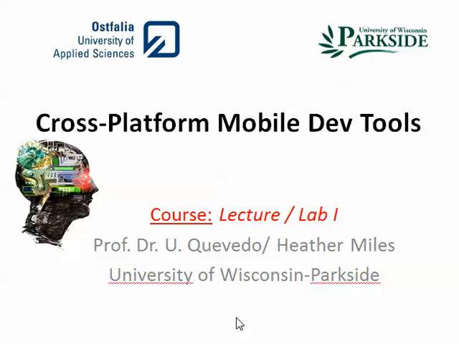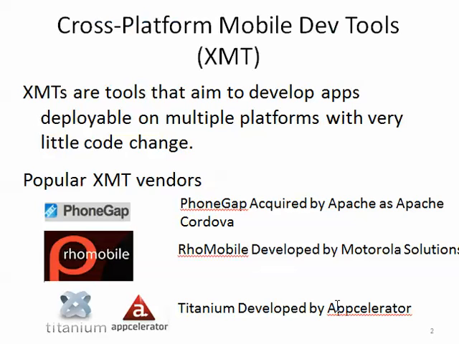Now, in this part, we will discuss the other option that we have to try to develop apps that can be distributed to all possible users, and that's the closed platform mobile development tools. That's what we were discussing in this part.